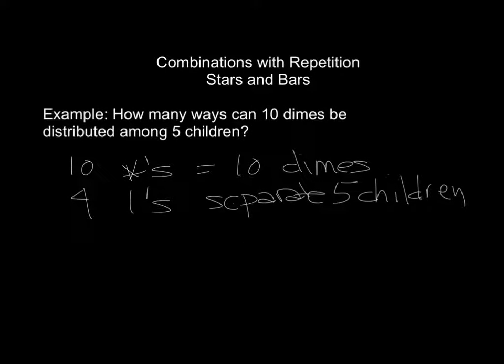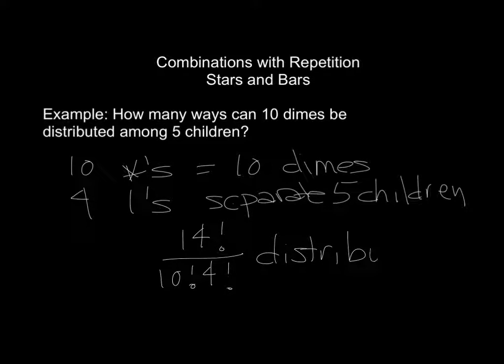But we know how to do this. Again, how many ways can we arrange the 10 stars and 4 bars? Well, there are 14 items altogether, and there are 10 of the star types and 4 of the bar types. So this is the number of ways that we can distribute the dimes.